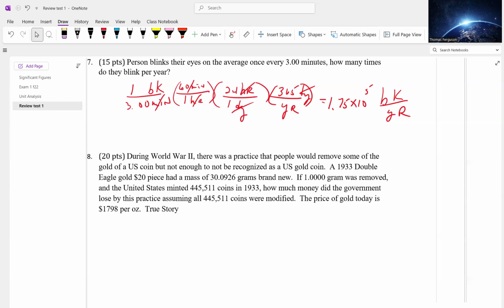Are we figuring out 30.0926 grams or 1 gram? 1 gram. So we have 1 gram, and we had 450.